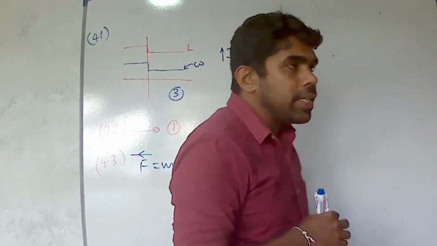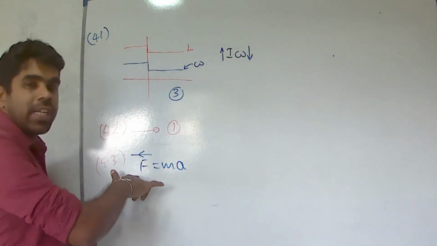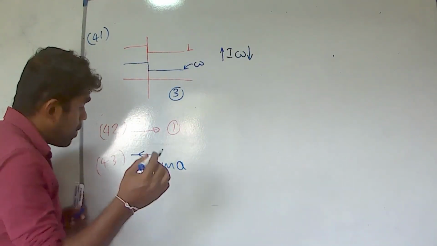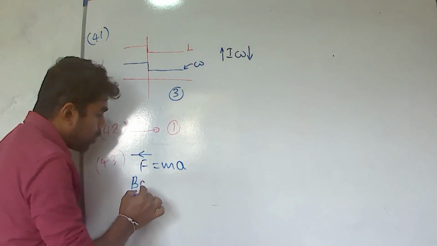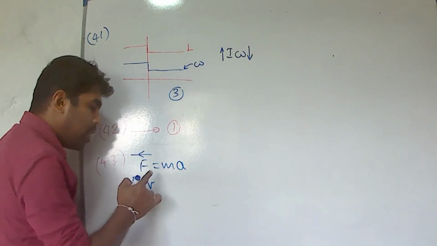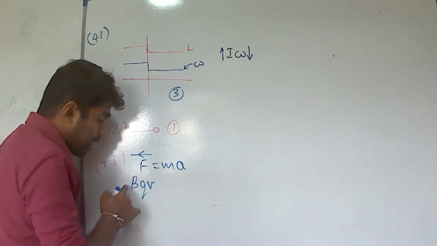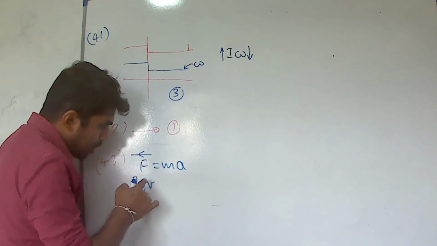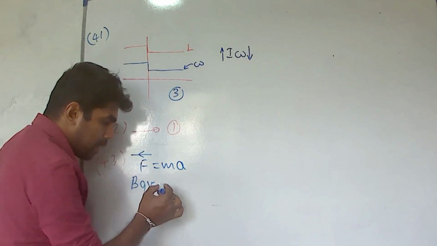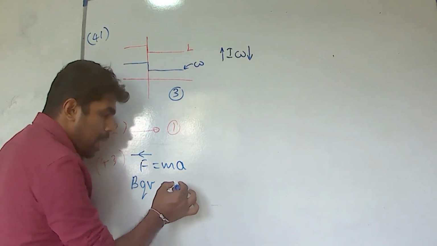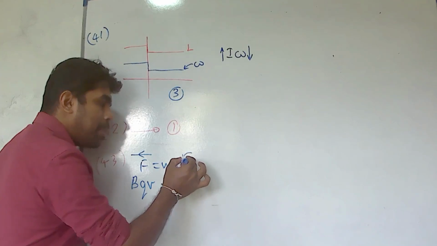Therefore, the centripetal force is given by the magnetic force. Magnetic force is BQV, and we have to study magnetic fields to get this equation. B is magnetic flux density, Q is charge, V is velocity. This equals M times the centripetal acceleration.